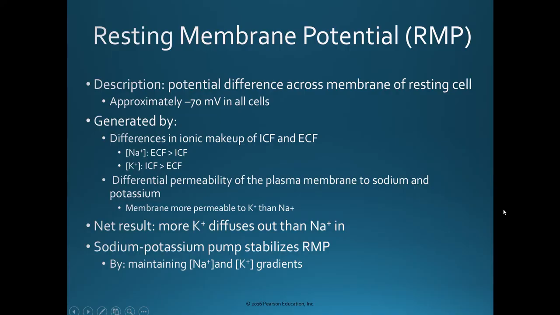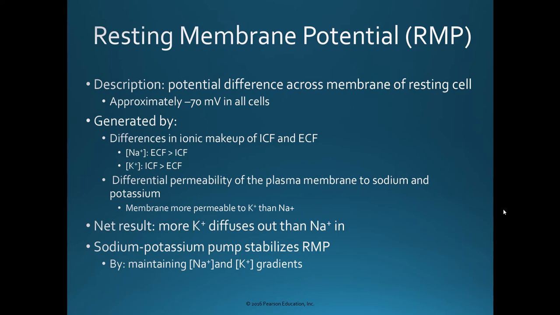But before we can talk about excitable cells, we have to talk about all of our body's cells and how they are polarized, meaning they have a voltage across their membranes. It's approximately 70 millivolts in all of our cells, and all of our cells have a resting membrane potential.